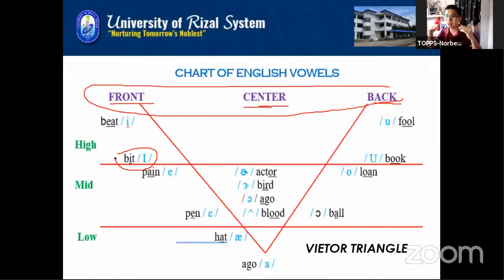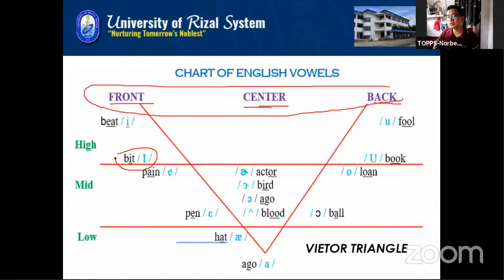So they are not the same. Like before, diba? When we were in elementary, we were taught that beat and bit are homonyms, but actually they are never homonyms because of the difference in how we prolong the vowel sounds. So they are not homonyms.